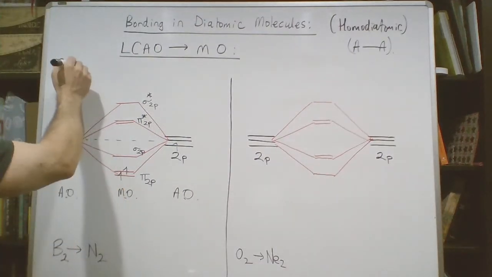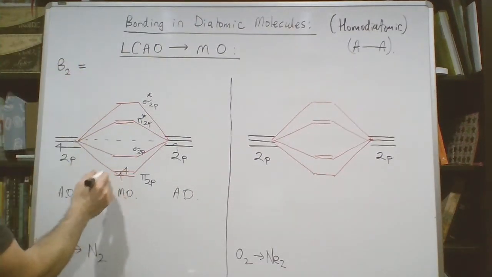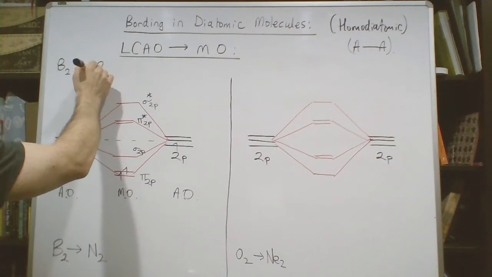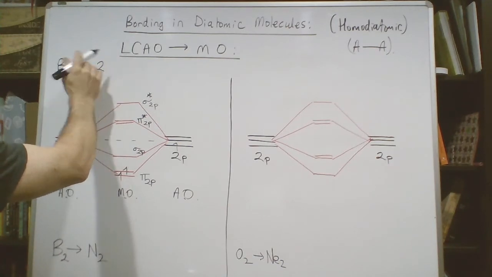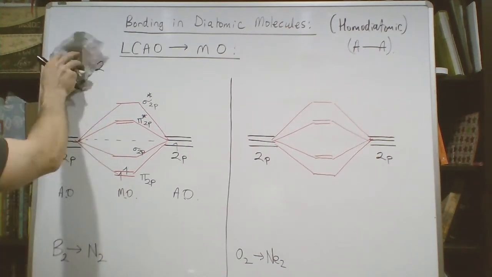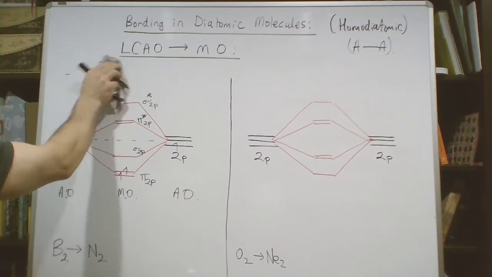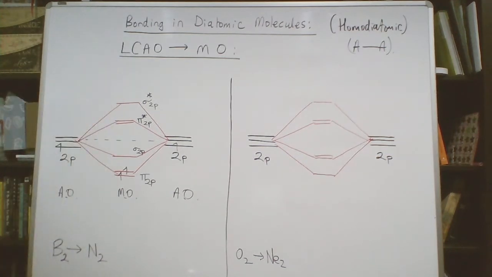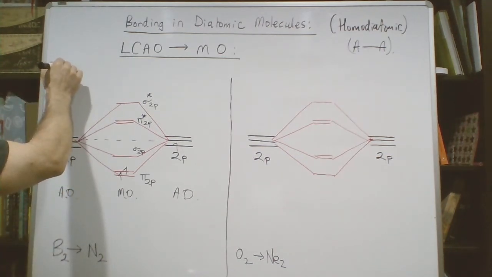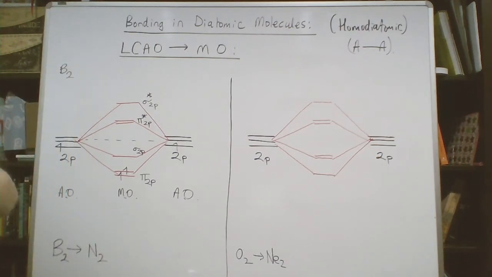So net, we just have 2 net bonding here, so it's 2 bonding. Well, first of all, let's do what I wanted to do originally, which is the electron configuration.